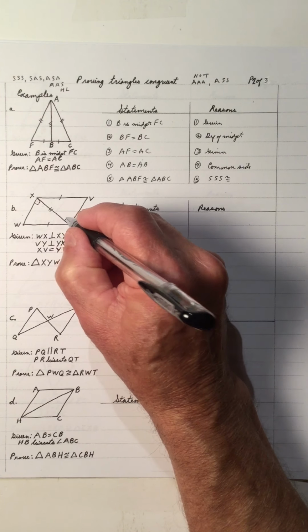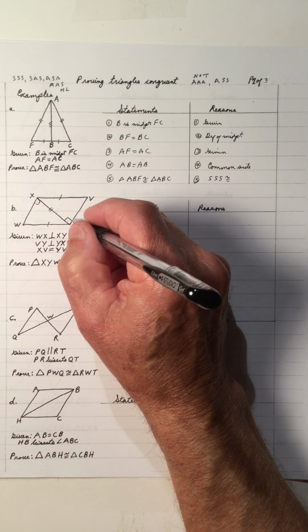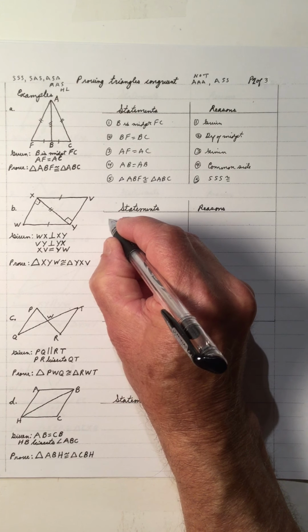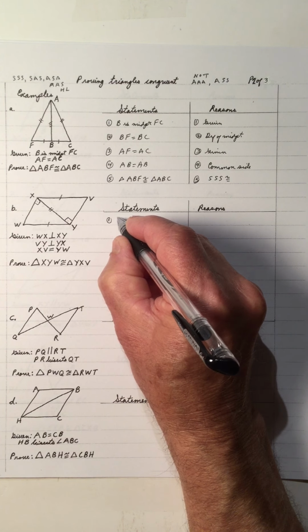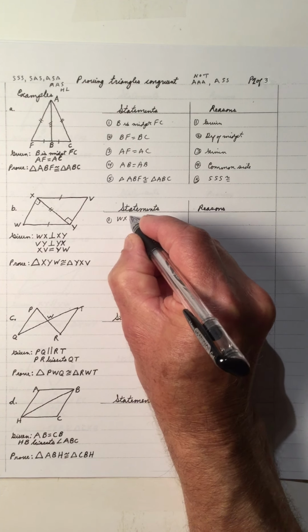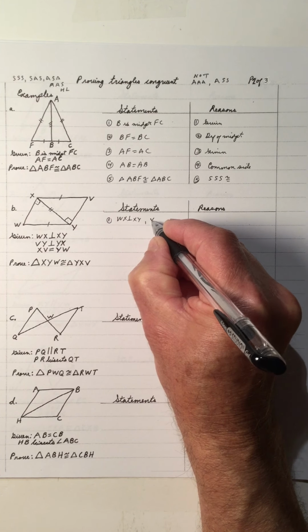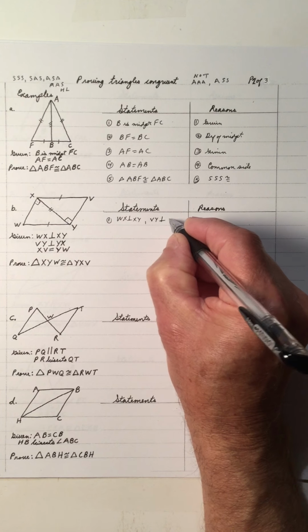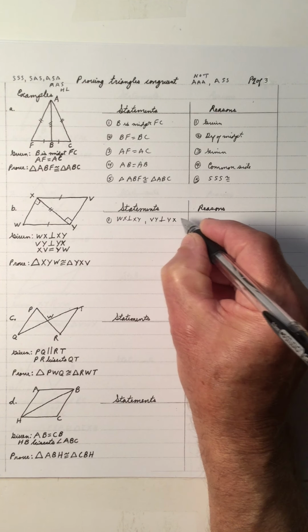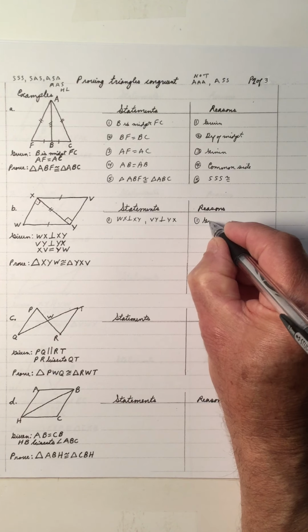So because we have perpendiculars, we have to say that we have a right triangle. So number one is that WX is perpendicular to XY. And we have VY perpendicular to YX, and that's a given.